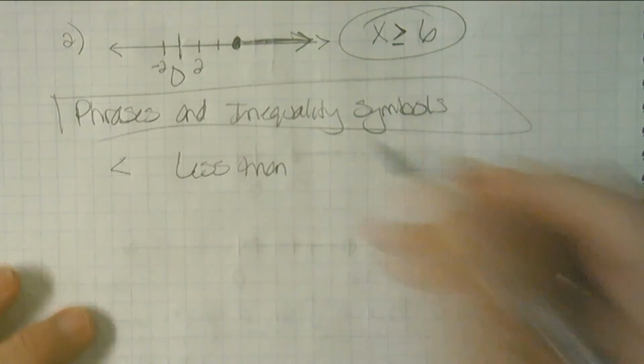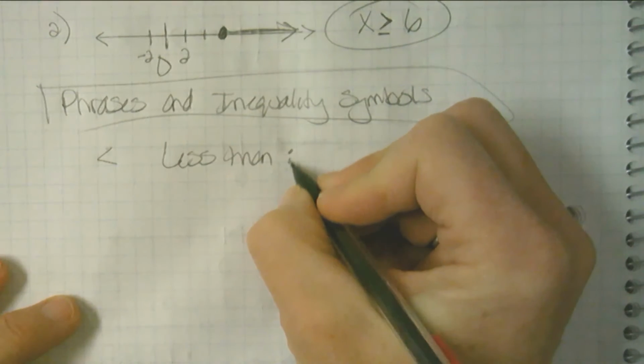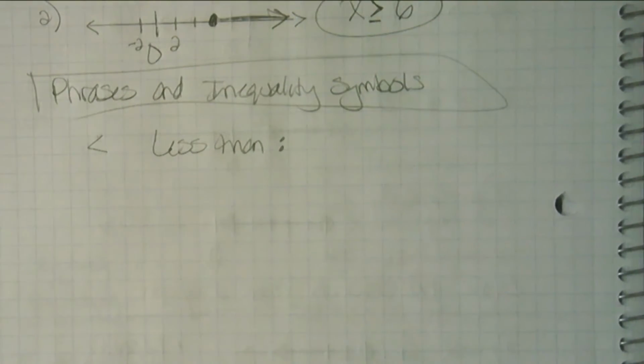But if I was to read phrases in math, what would go with a less than? What phrase might go with a less than? If I'm reading something. Alex, what do you think?